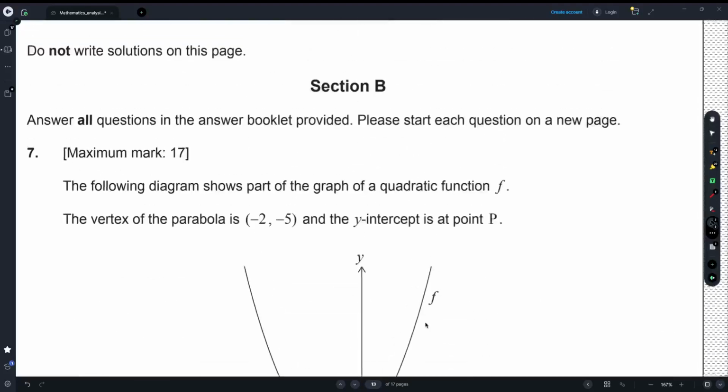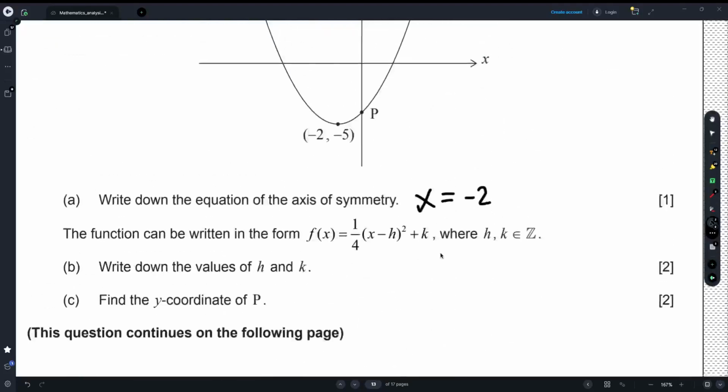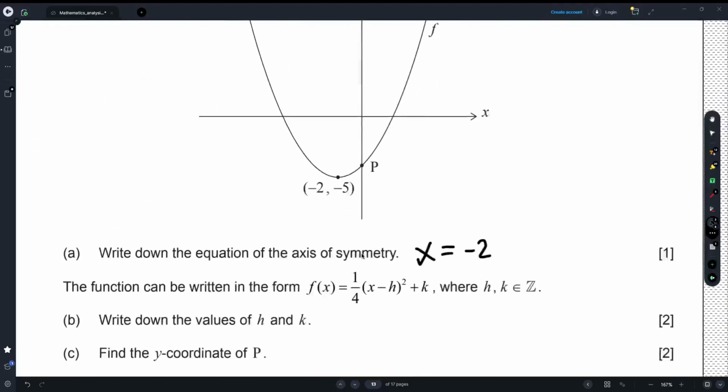For this here, did they give us the function? Okay, actually no, never mind. We don't need this.